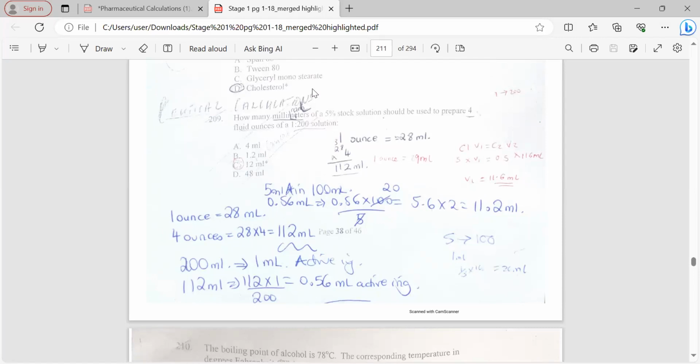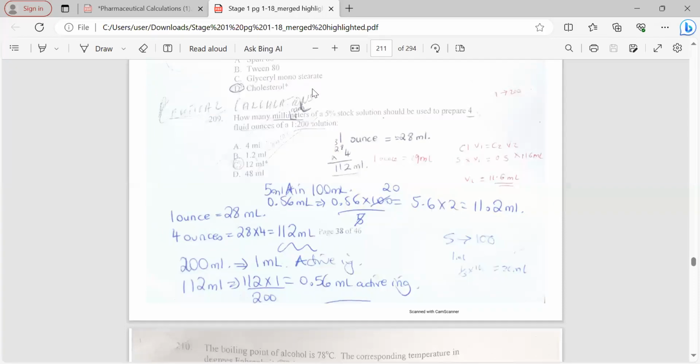So how many milliliters of a 5% stock solution should be used to prepare 120 mLs of a 1 in 200 solution? Yes, 1 in 200 means 1 ml is in 200 mLs.